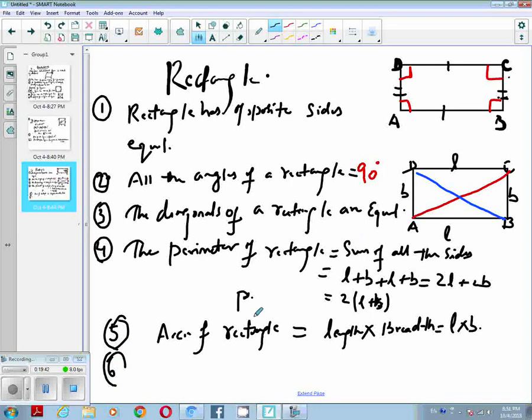This diagonal, AC, this one. So its length of diagonal will be under root of L square plus B square. It will be L square plus B square and its square root. Again, we have found this with the use of Pythagoras theorem.